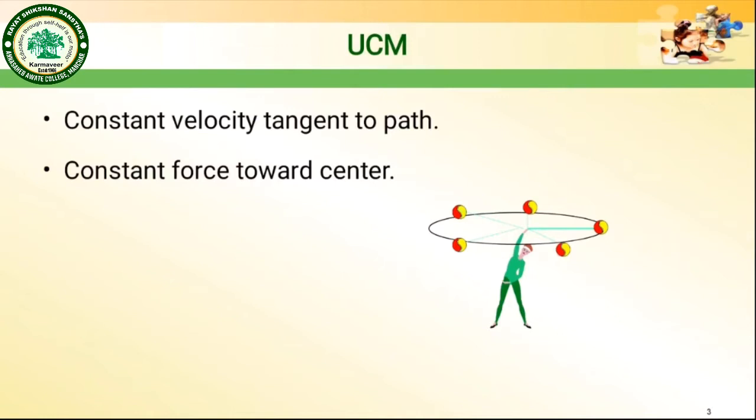Since this acceleration is perpendicular to the velocity of the particle at every instant, it is only changing the direction of velocity and not its magnitude, and that's why the motion is uniform circular motion.